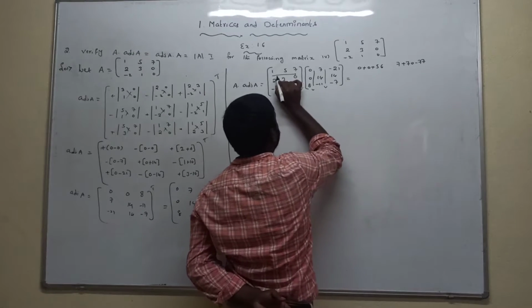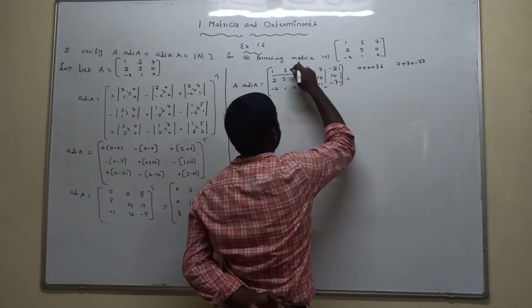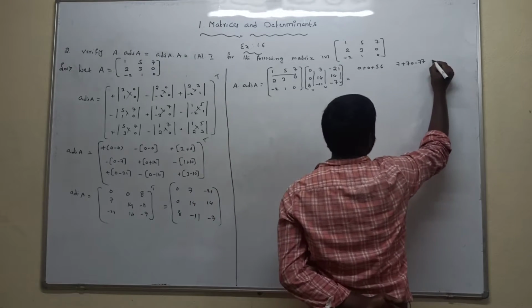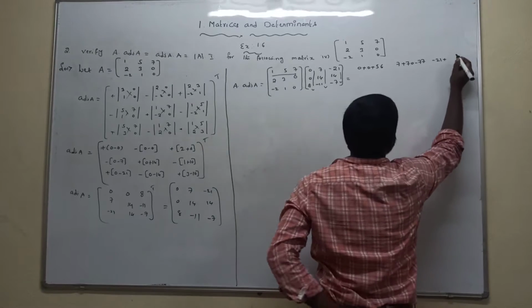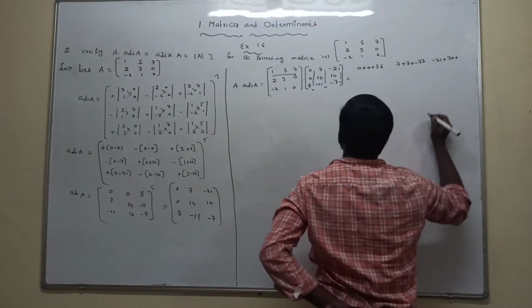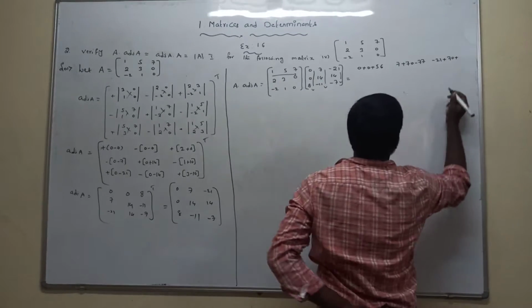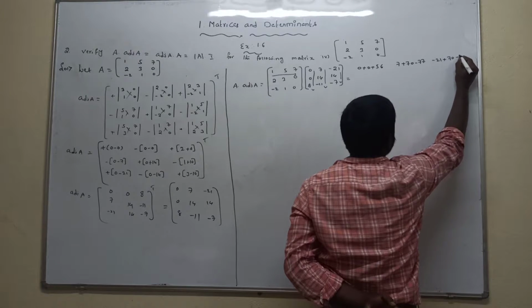Next, product with the first row, third column: 1 into minus 21 is minus 21, plus 5 into 14 is 70, plus 7 into minus 7 is minus 49.